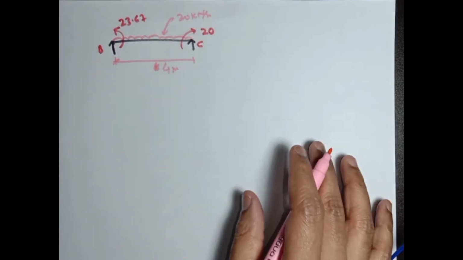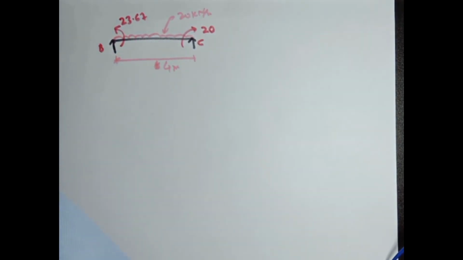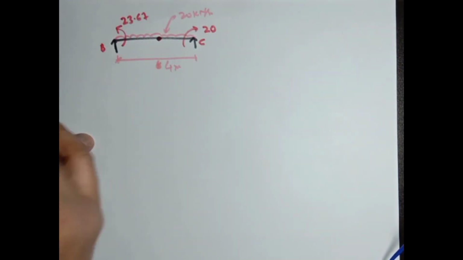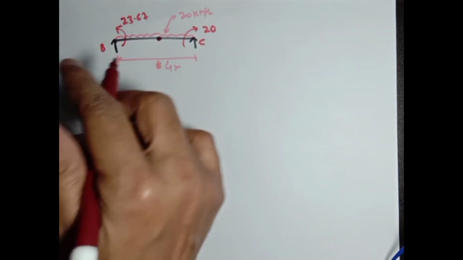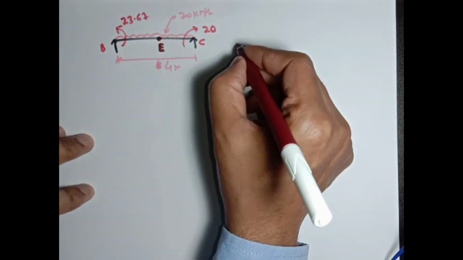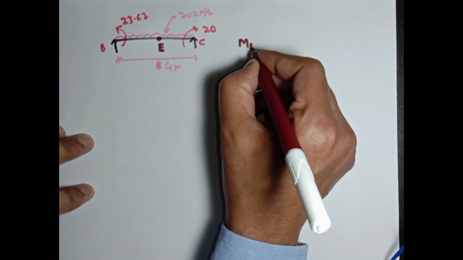Now we are going to find a moment at mid span. Here, for span BC, we have already taken D for span AB, so we are taking this point E. So we need to find bending moment at E.